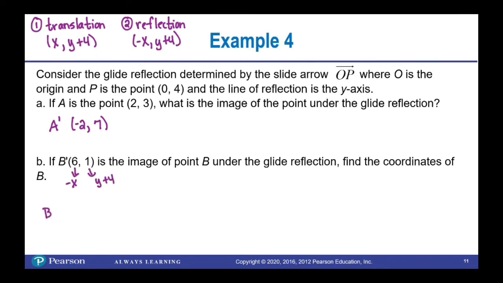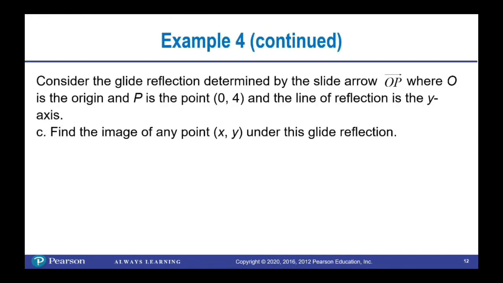So B is the opposite. The x coordinate of B would be the opposite of 6, which is negative 6. Then to find that y coordinate, I want to think what plus 4 gives me 1? Well, that would be negative 3. In part C, we're asked to write a general formula for the point x, y under this glide reflection. We've already done that: negative x, comma, y plus 4.